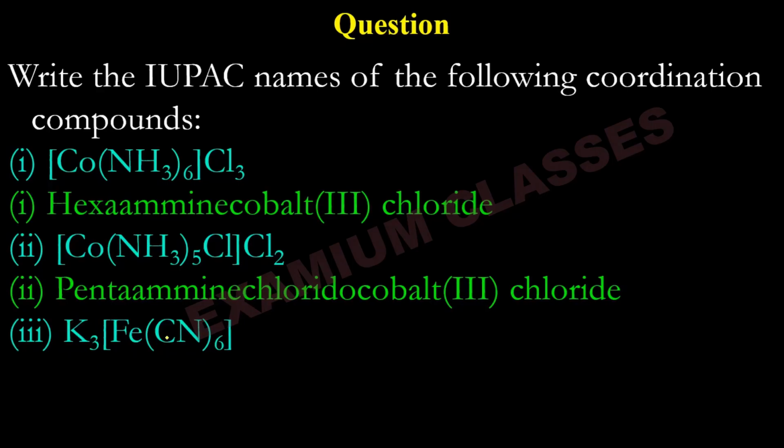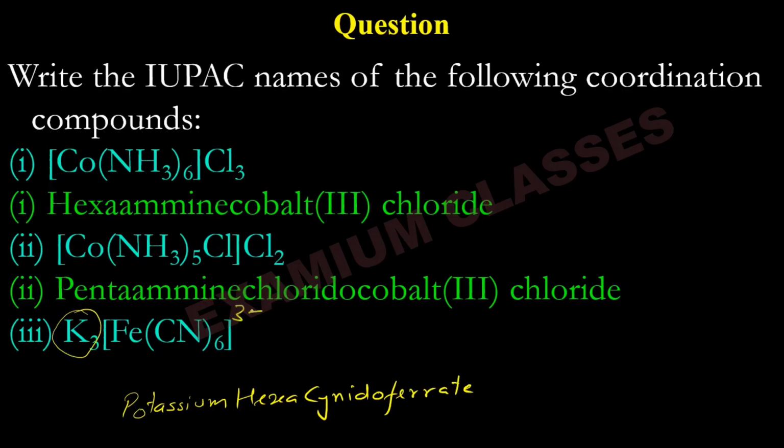And remember, always the cationic part is named first. So you will say potassium, and then you will say hexacyano or cyanido ferrate, and then the oxidation state. Here you have +3 outside, which means on the coordination entity it will be -3.